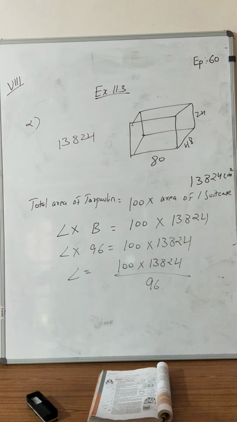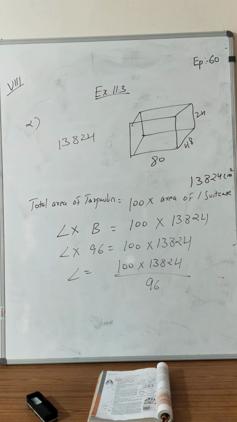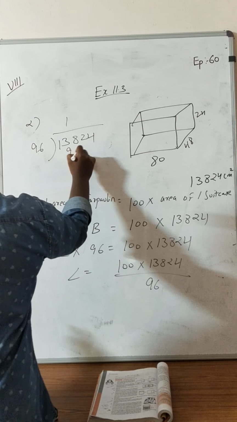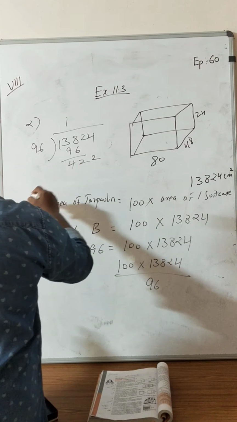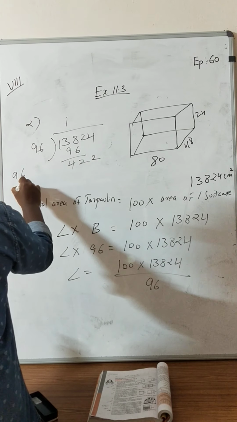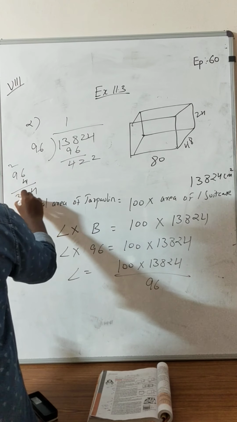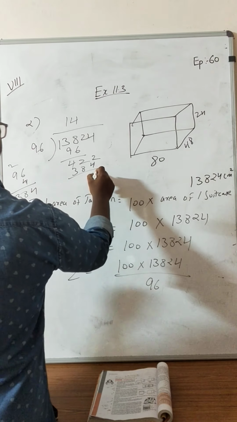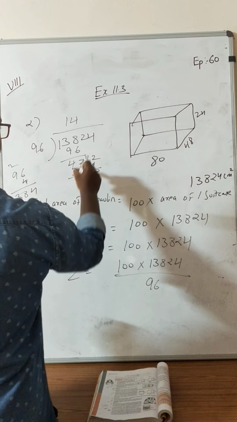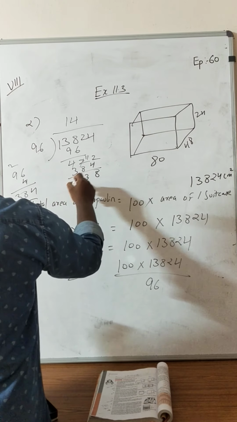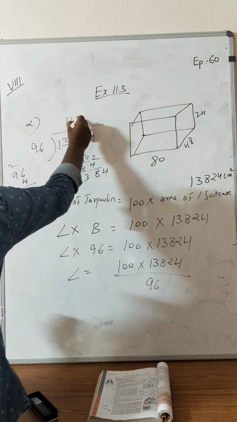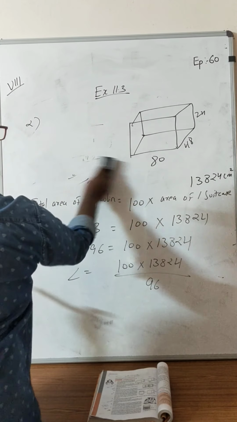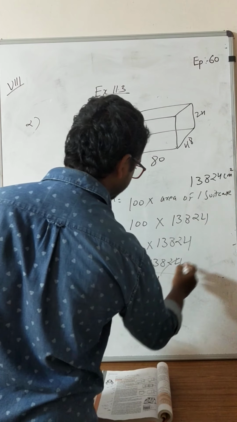So if we divide 13824 by 96, it is divisible, and we get 144.